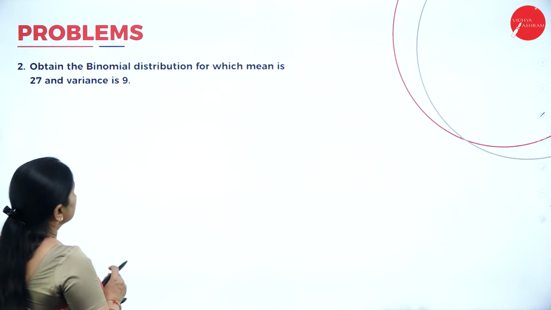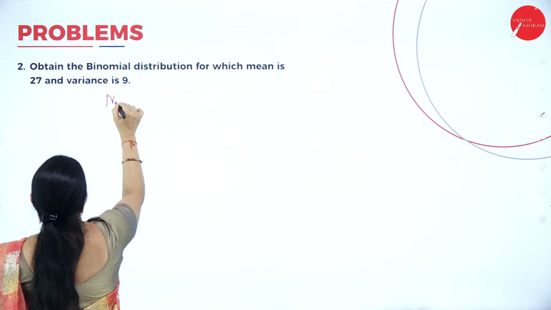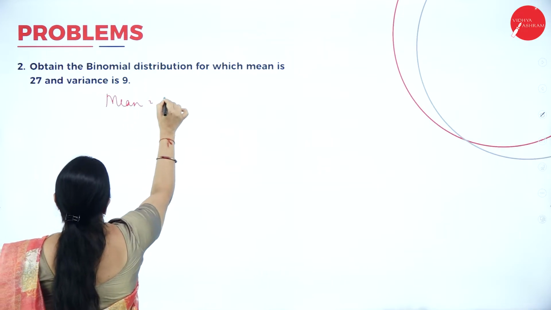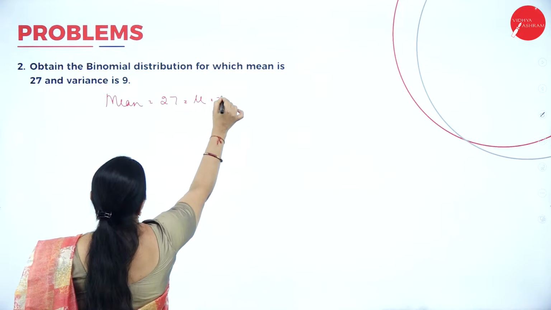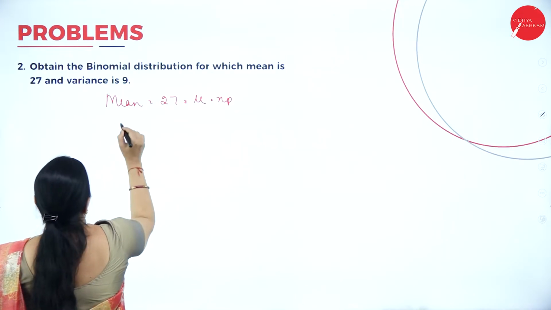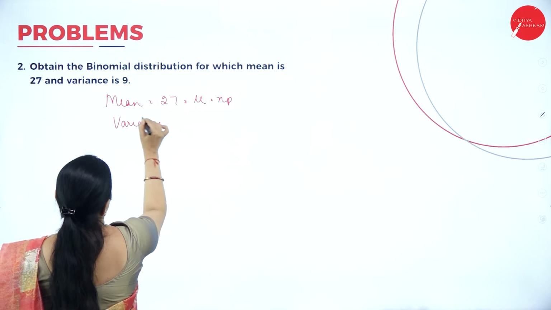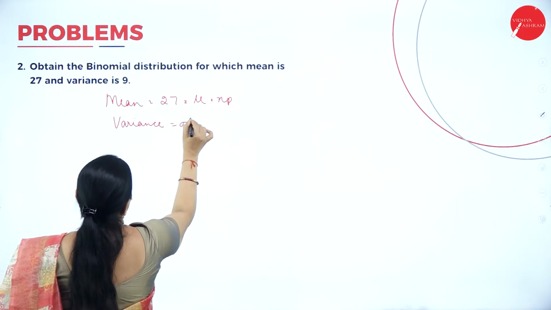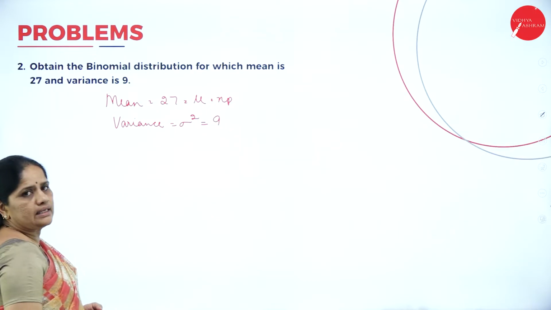Now the next problem. Obtain the binomial distribution for which mean equals 27, that is mu equal to np, and variance equals standard deviation the whole square equals 9.